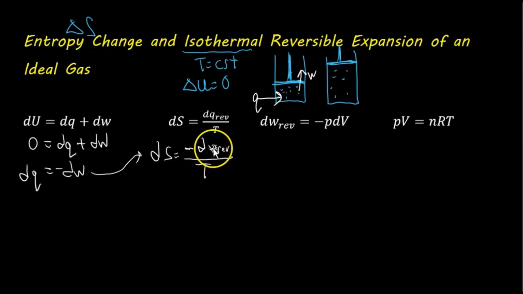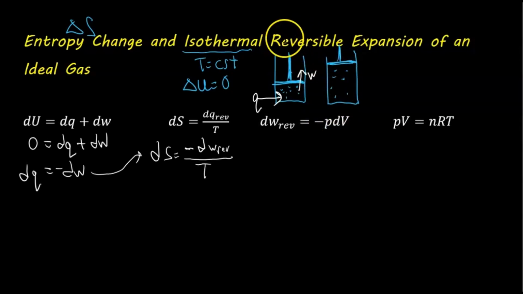Now what's dw? Well, this is pressure volume work that's going on. So the work dw is equal to negative PdV for pressure volume work. And because this is a reversible process, this pressure is the pressure of the system. If this was an irreversible process, then the pressure would be the external pressure here.